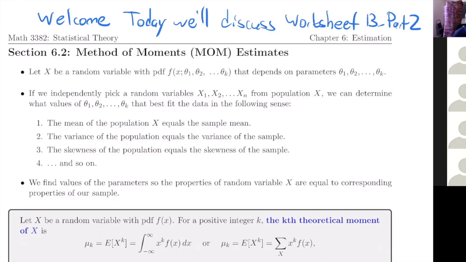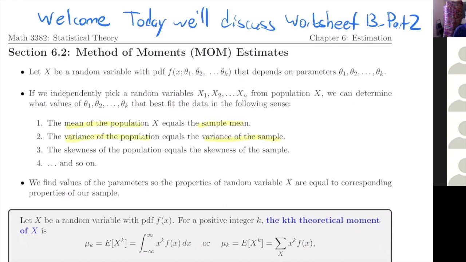Instead, we look at our sample and think about what the mean of our sample is. And then we think, okay, the underlying population distribution should have the same mean. Our sample has a certain variance, and we would want our population distribution to have the same variance as our sample.